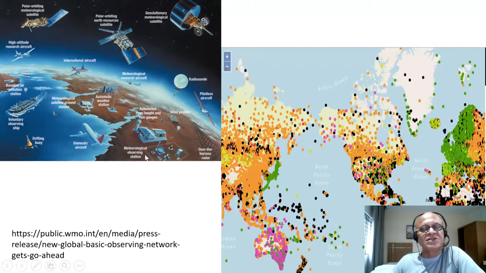Starting with the environmental monitoring, we have a large number of satellites now that are always in orbit, and new ones are replacing the ones that are undergoing their lifetime expiry.